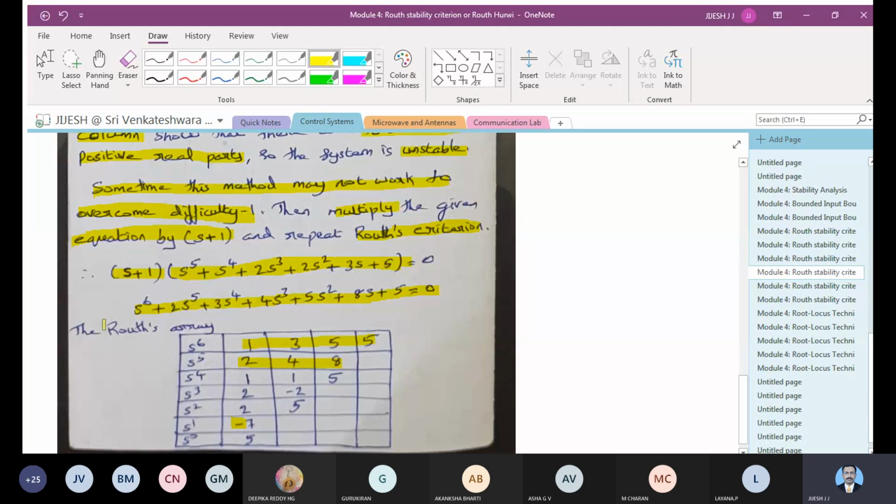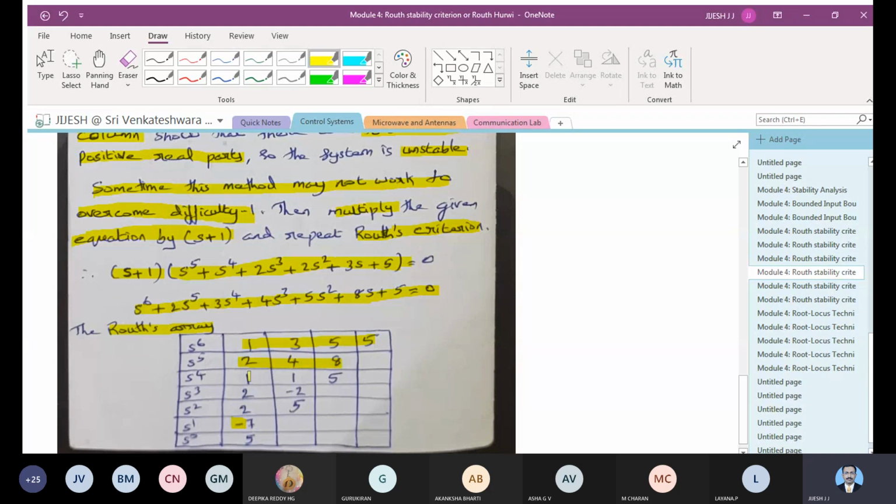So by root array you can write it as s to the power of 6, s to the power of 5, s raised to 4, s cube, s square, s raised to 1 and s raised to 0, and you are going to write the coefficients. First is 1, second coefficient is 2, that you have written down, third 3, then you have 4, 5, 8 and then 5.